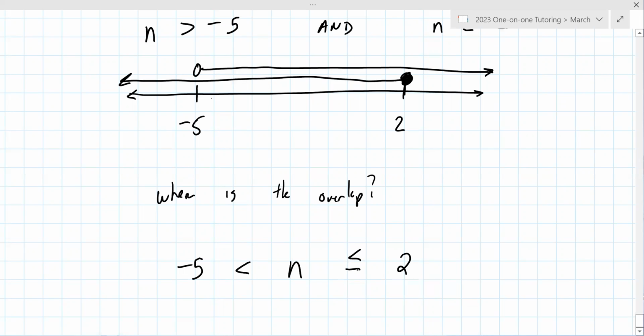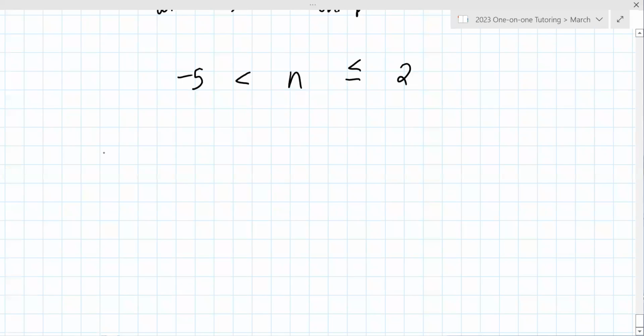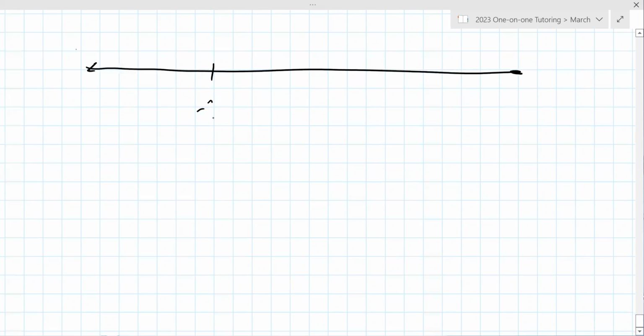Okay, so let's do a couple of exercises. Let me clear this out so you don't have a reference. I give you a number line with -3 and 4, and let's say the variable is t this time.